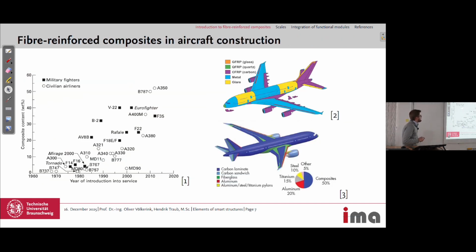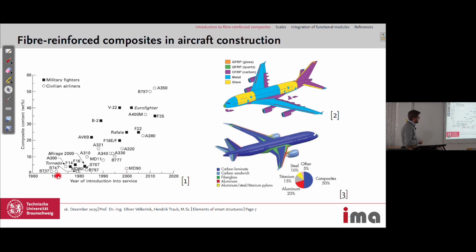Fiber reinforced composites are very much used in aircraft construction. In this diagram, each dot or point is a different aircraft type. The filled ones are military aircraft, and the round ones, the circles, are civil aircraft.